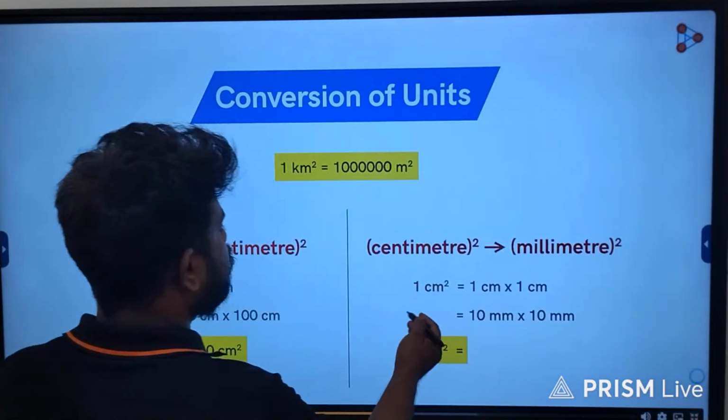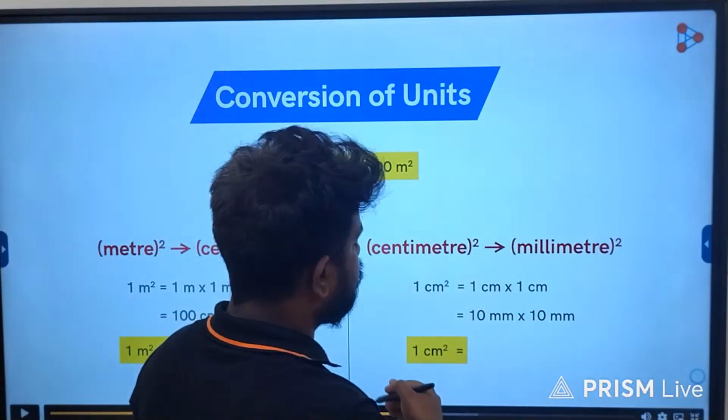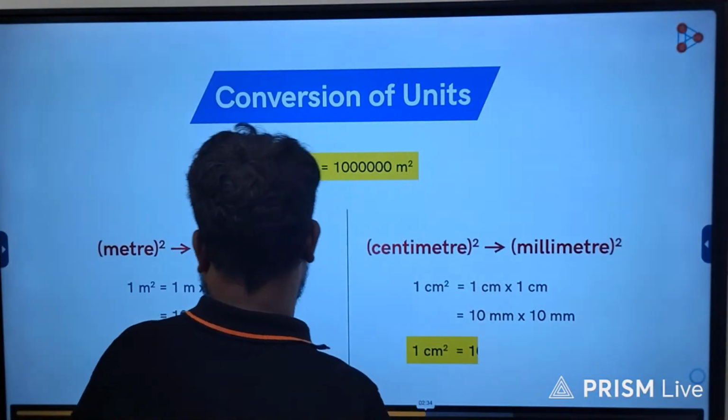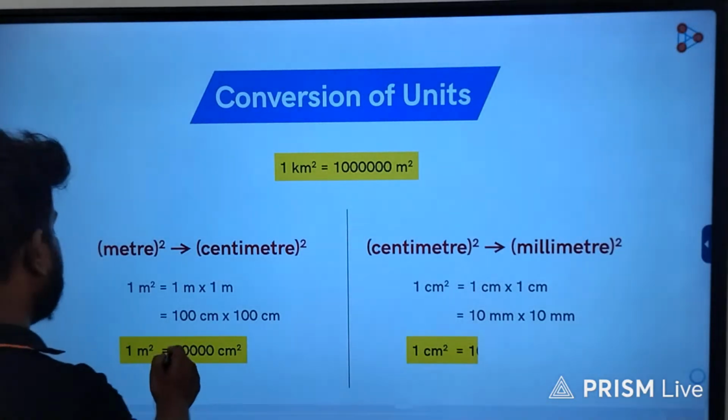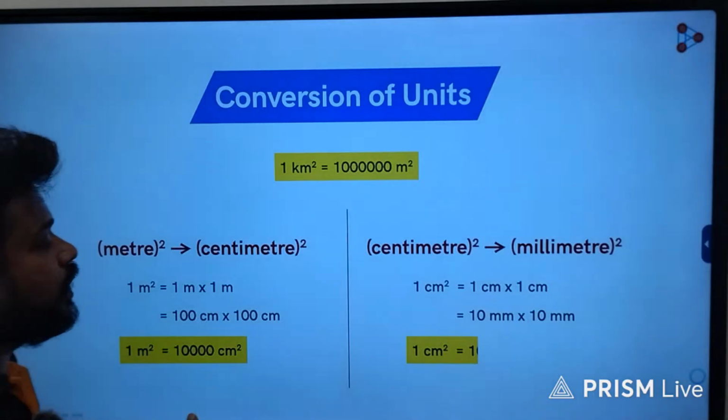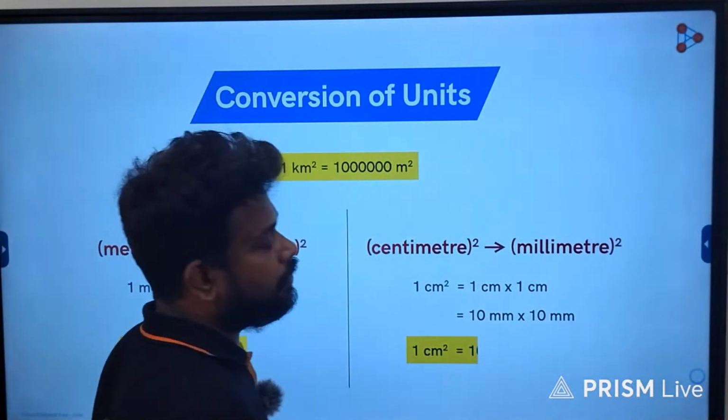And from centimeter square to millimeter square, 1 centimeter square is actually 100 millimeter square. Okay, so 1 meter square is equal to 10,000 centimeter square and 1 centimeter square is equal to 100 millimeter square.